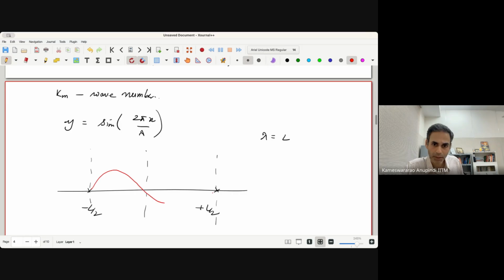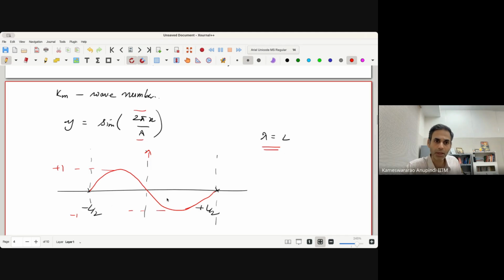It is going from +1 to -1 in the y direction, and it has a wavelength of L, with a period of 2 pi in a wavelength of L.